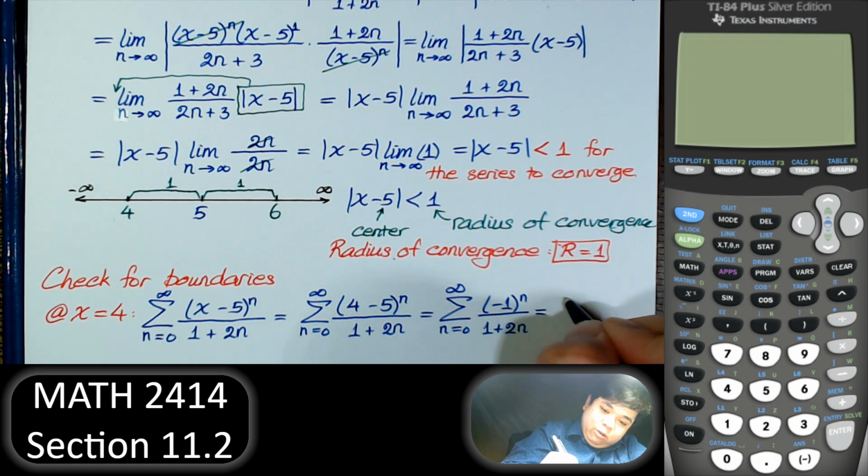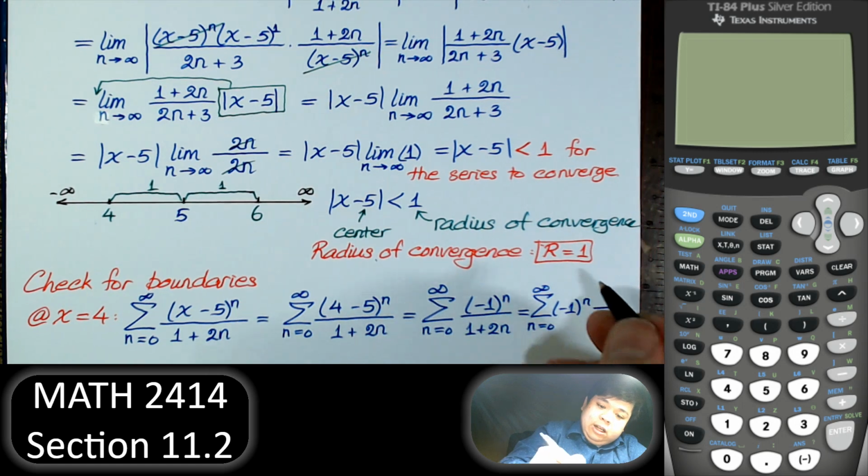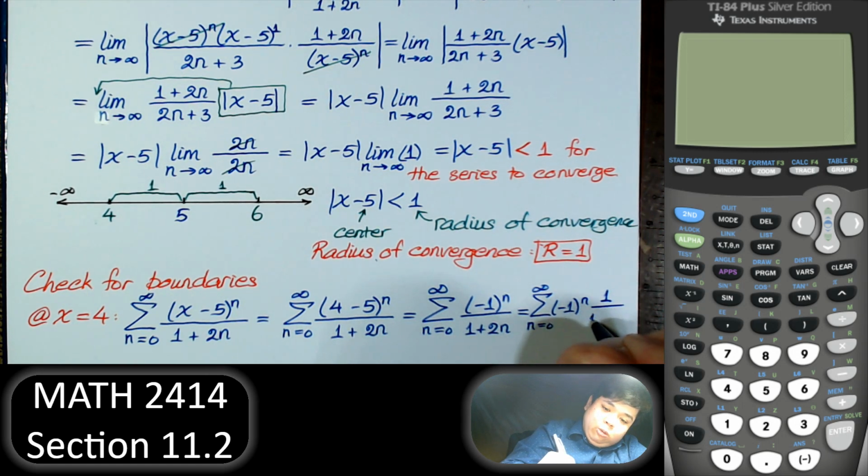So we can write this as negative 1 to the n, and then 1 over 1 plus 2n.